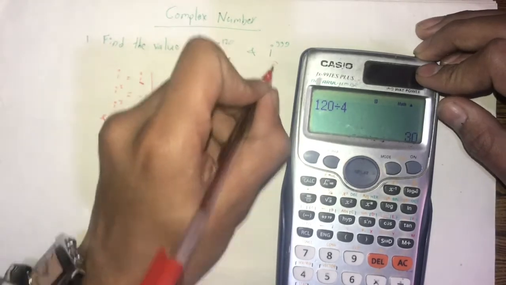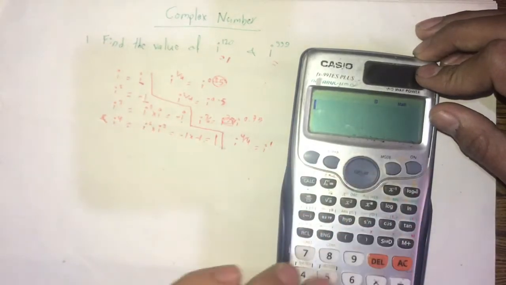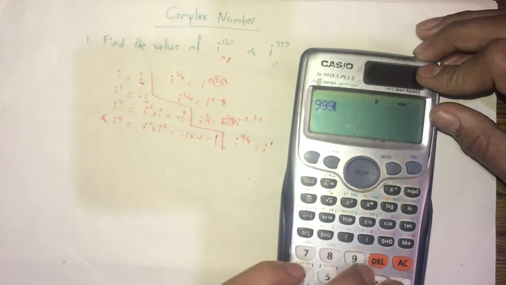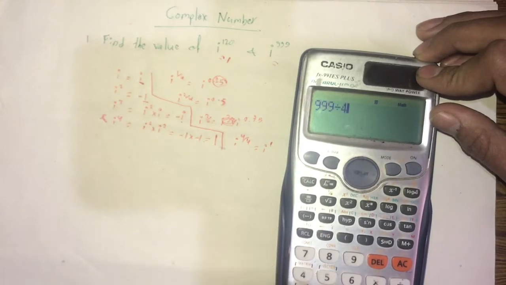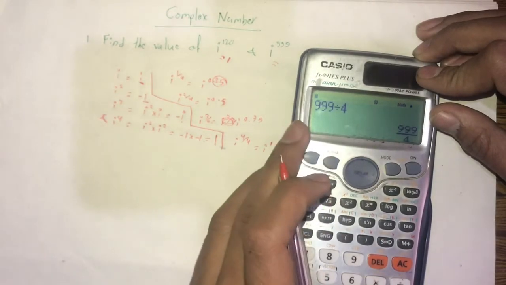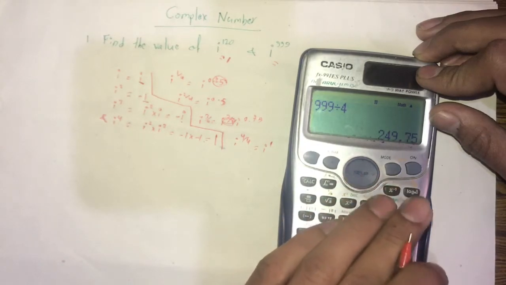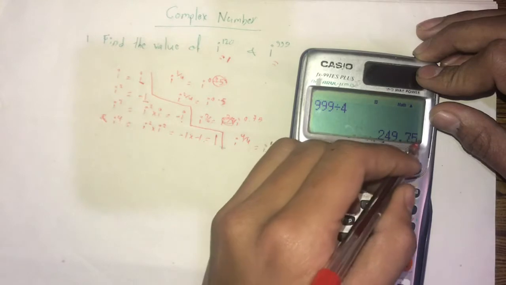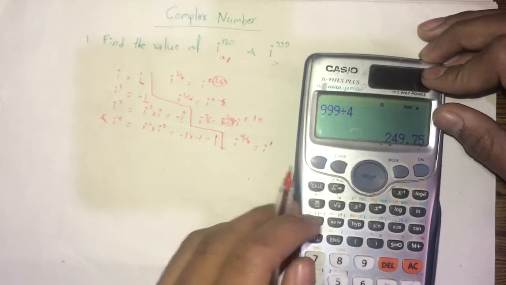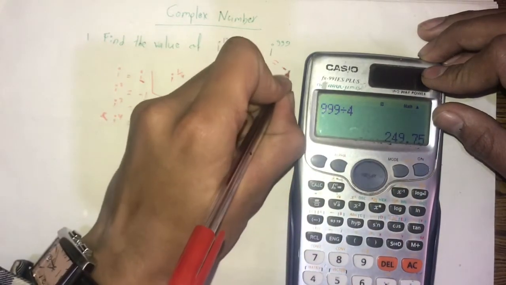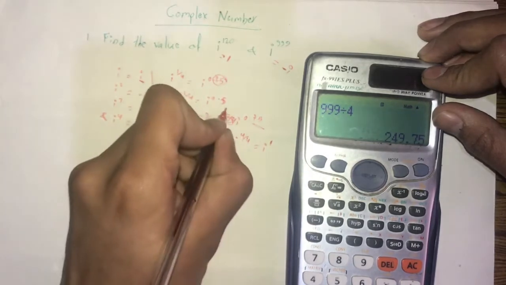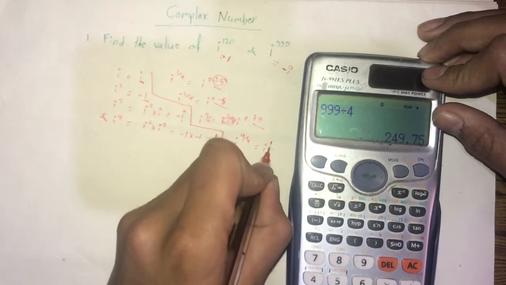Again, for this, divide 999 by 4, then we get the value 249.75. We get decimal number 0.75, so it indicates its value is minus i. Okay, note this if you don't know.